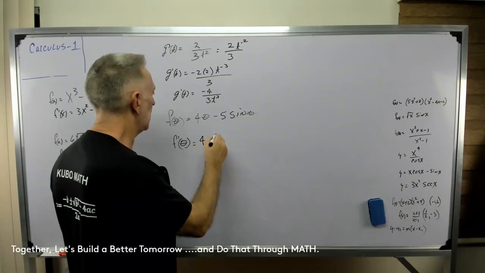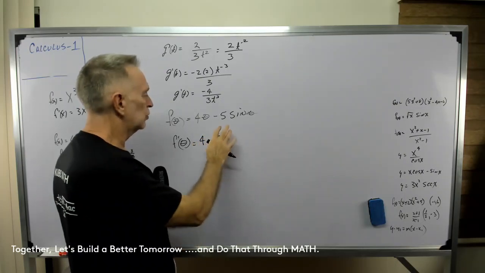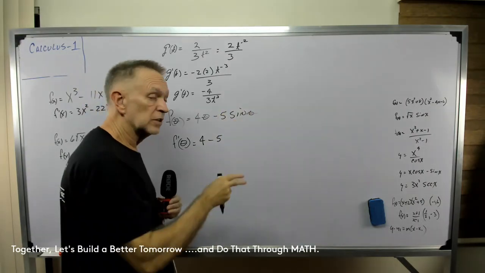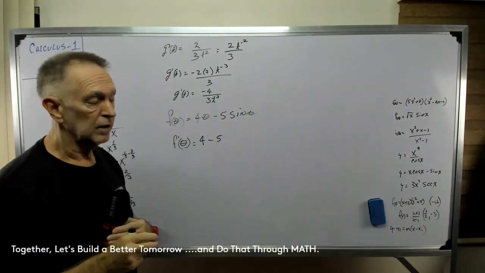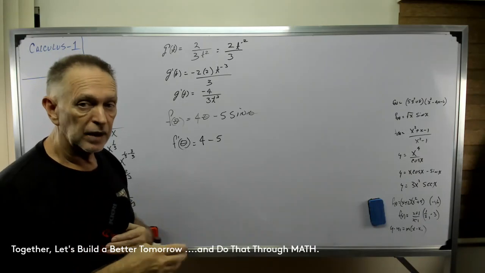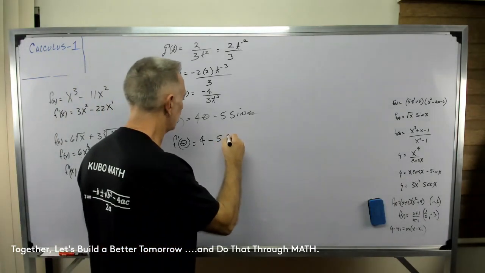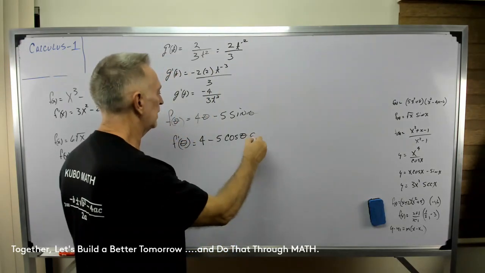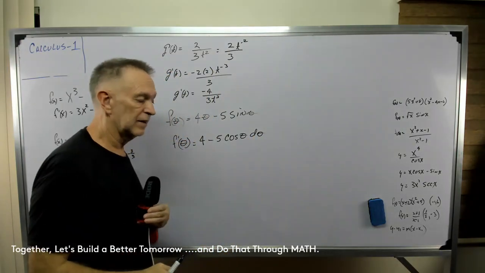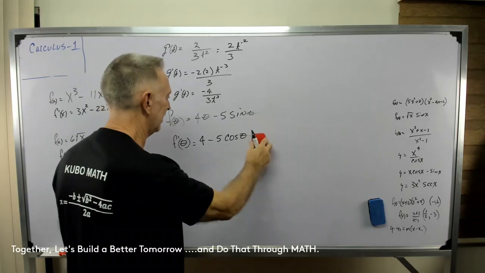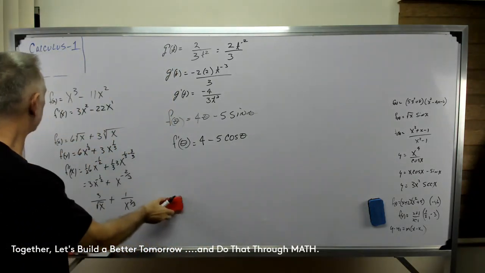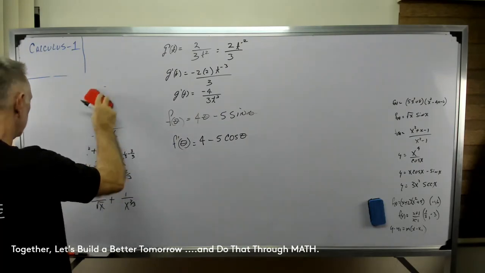So 4 minus, now we can use the constant multiple rule, pull the 5 out, take just the derivative of sine theta. So the derivative of sine theta is cosine theta. Of course, back in the day, our teacher always made us write d theta. We did the chain rule on everything. Okay, so that's our first 4 out of the way.